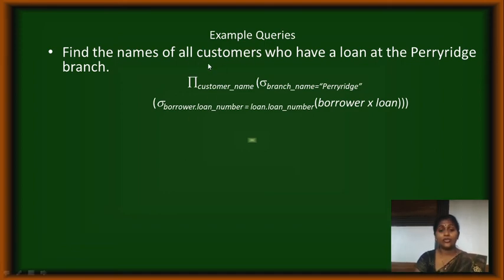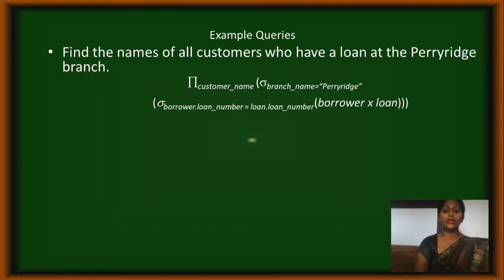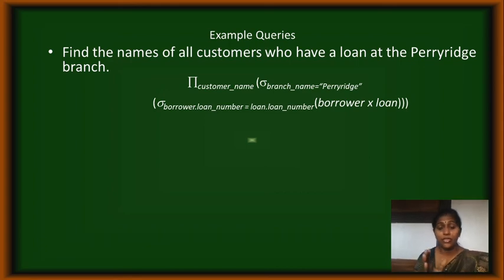Find the names of all the customers who have a loan at this branch. Okay, so first what you are doing, you are finding a branch, and then loan number must be equal in the borrower table and the loan table. Loan number must match in both tables, because I am taking it as a foreign key, right?